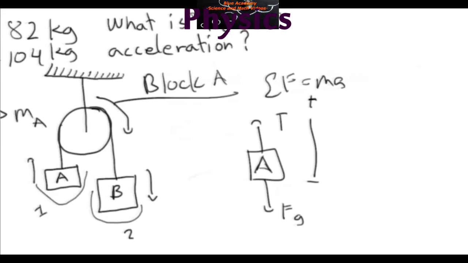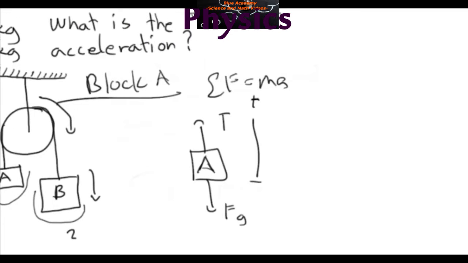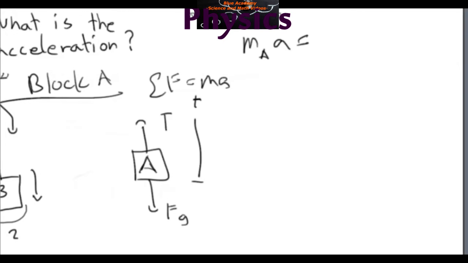Again, force is equal to mass times acceleration, and the summation of the force of tension and the force of gravity will be equal to the net force. Let's write this down. Mass times acceleration, and since this is block A, we write our own subscript. Mass of A times a equals the tension of the rope minus the force of gravity.